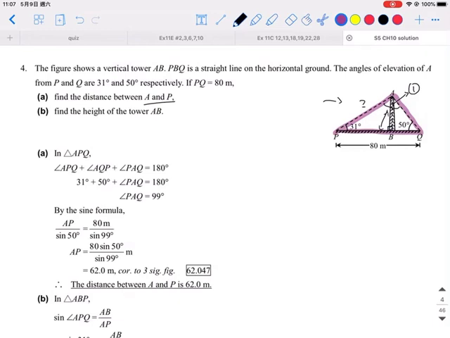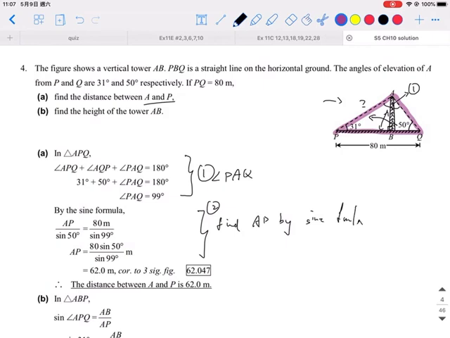Then we can find our target by applying the sine formula. So the first part is to find the angle PAQ, and the second part we find AP by the sine formula.